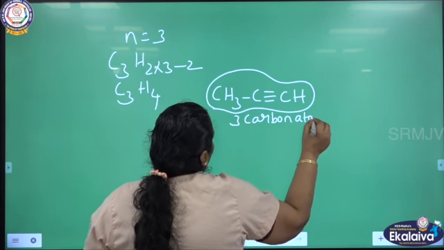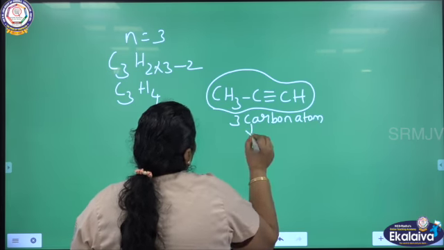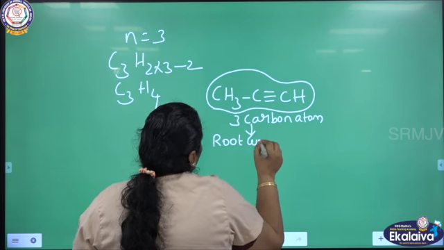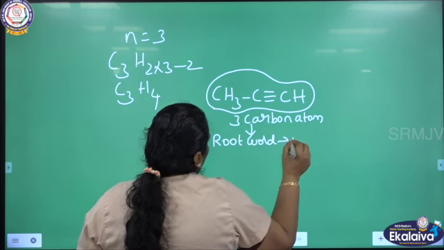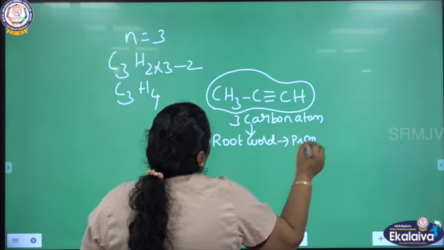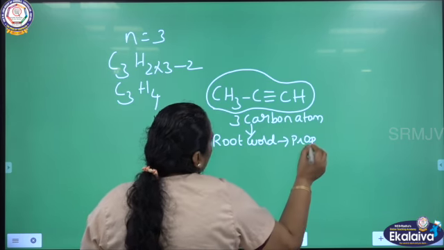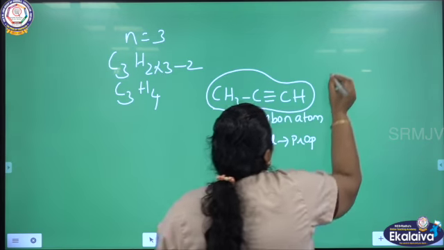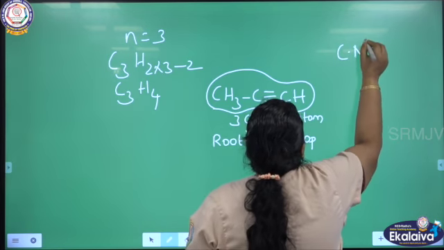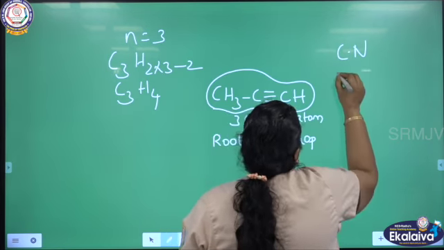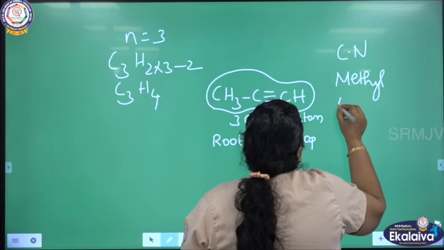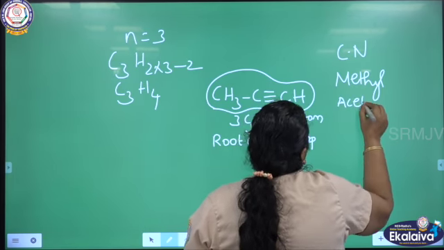So what is the root word here? The root word is prop. And what is the IUPAC ending for a triple bond? It is yne. The root word is prop. What is the common name for this compound? The common name will be methyl acetylene.